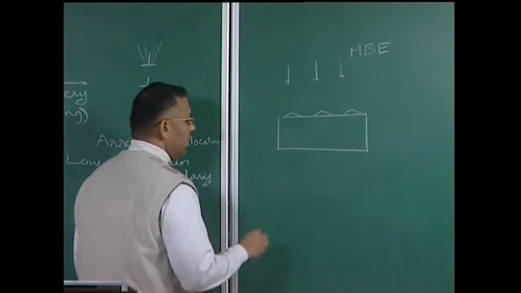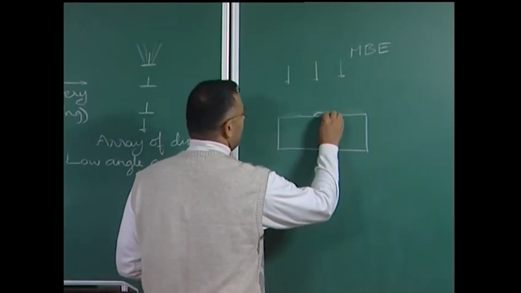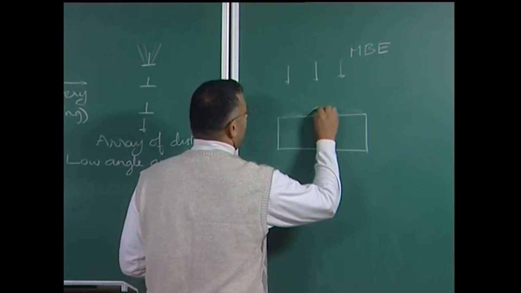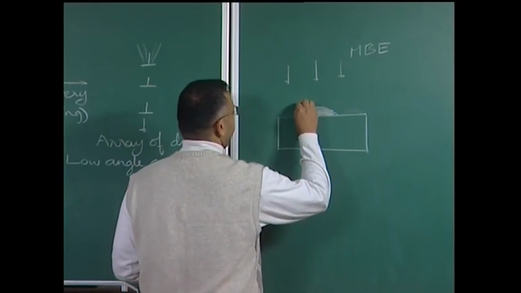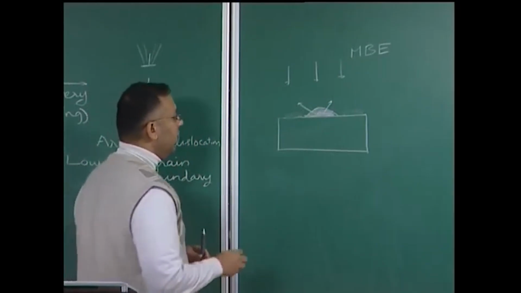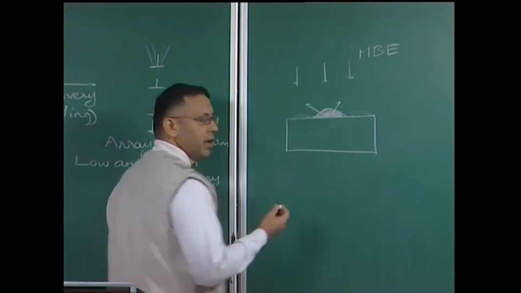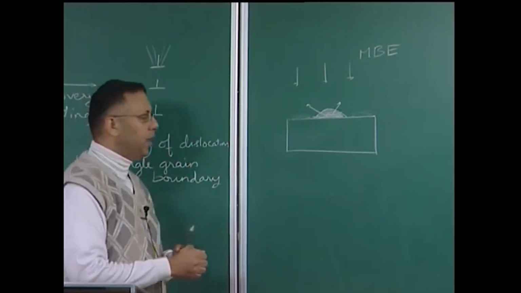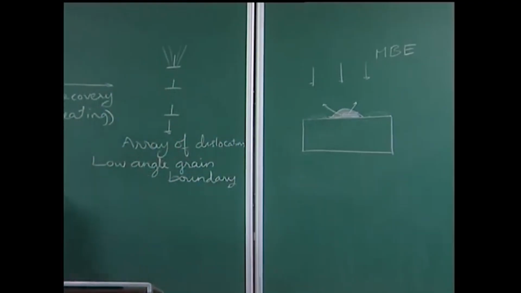Initially a small island, and I will just focus on one island, may be nucleated, and later with the addition of more and more material, this epitaxial island will grow. When I talk about an epitaxial island, I mean that the substrate and the island typically have a very similar lattice parameter, which means there is a continuity of lattice planes from the substrate to the epitaxial island.